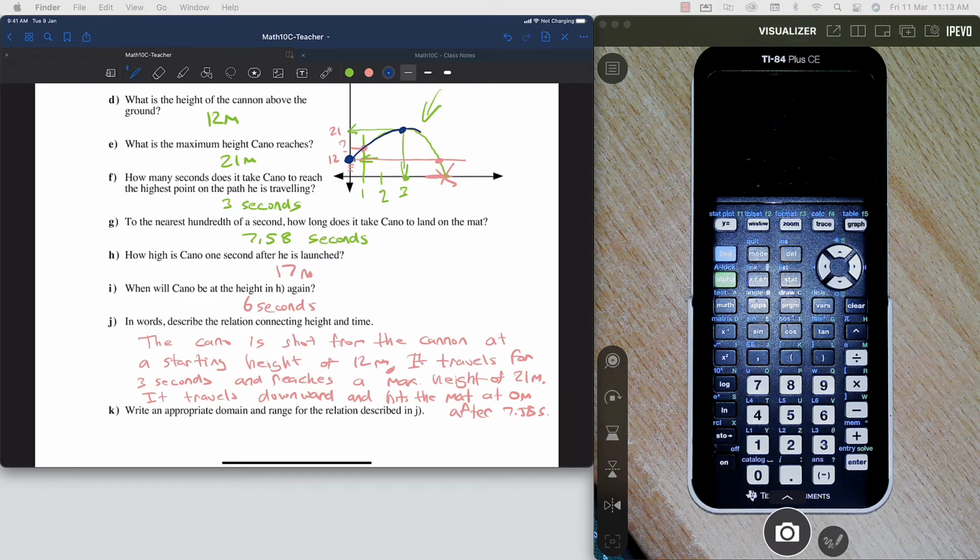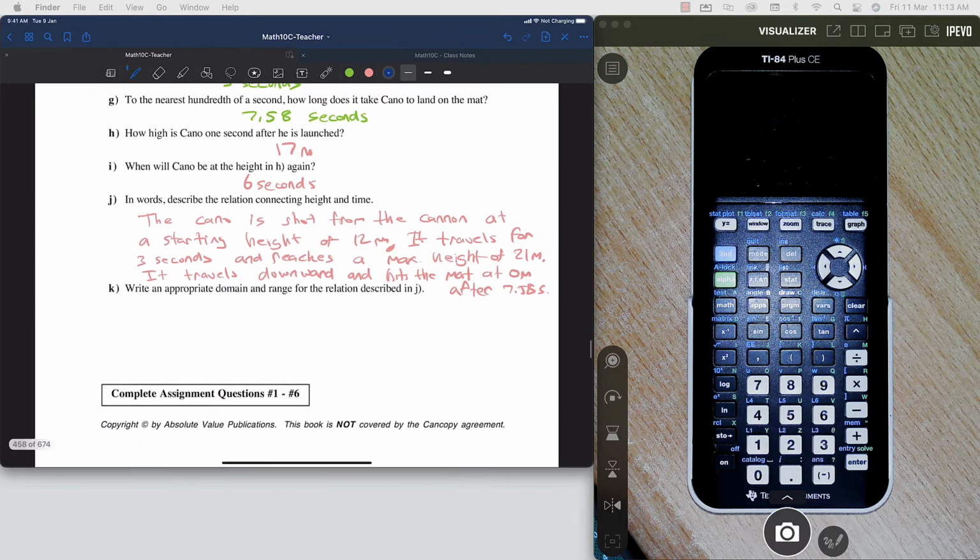It then starts to fall downwards and hits the mat, which is at 0 meters, after 7.58 seconds.